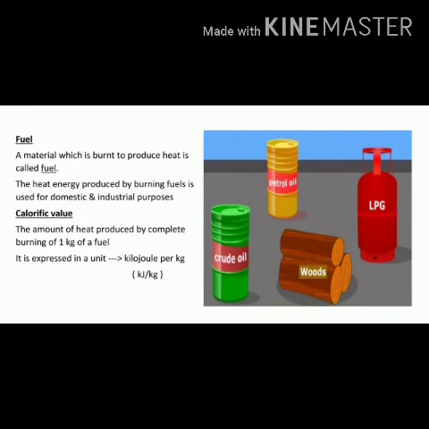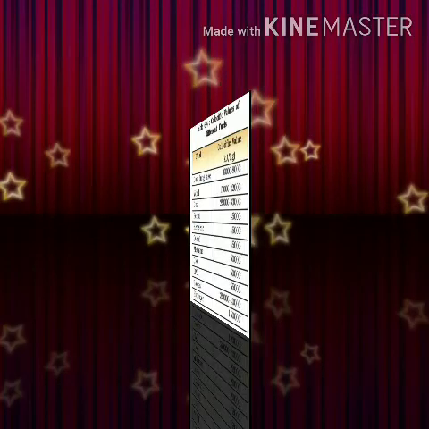So how are you going to define calorific value? The amount of heat produced by complete burning of 1 kg of a fuel is called its calorific value, and the unit in which we express this calorific value is kilojoule per kg.